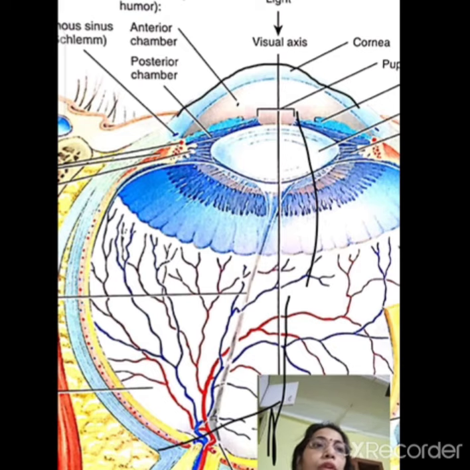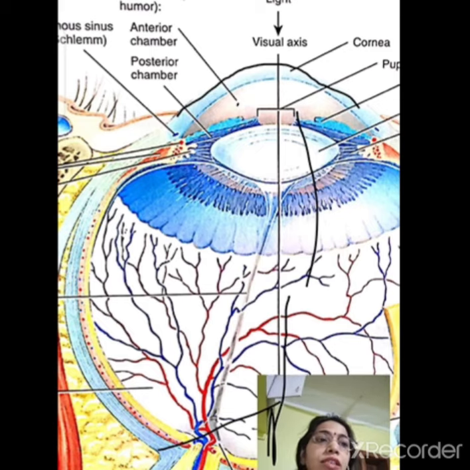Its outer surface consists of non-keratinized stratified squamous epithelium. The middle coat of the cornea consists of collagen fibers and fibroblasts, and the inner surface is simple squamous epithelium. Since the central part of the cornea receives oxygen from the outside air, contact lenses that are worn for long periods of time may be permeable to permit oxygen to pass through them.